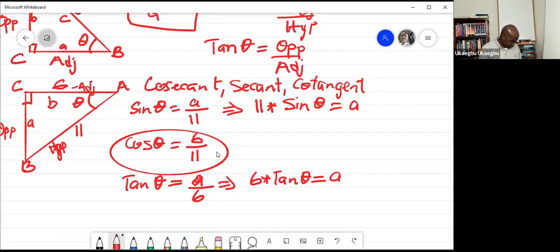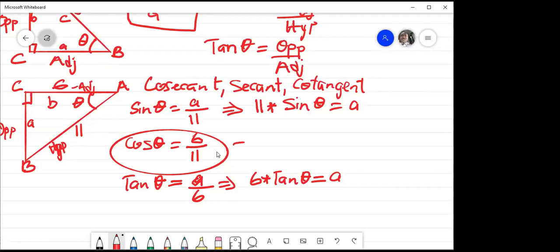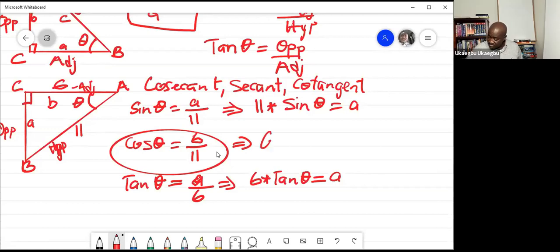Okay. What's 6 divided by 11 gives us what? Cos theta is 0.5455.